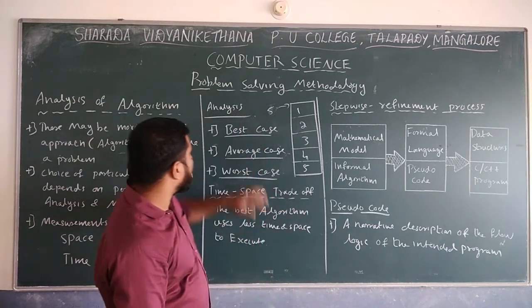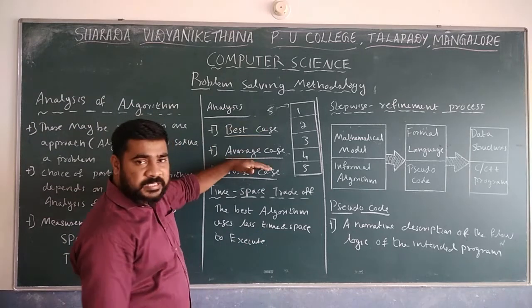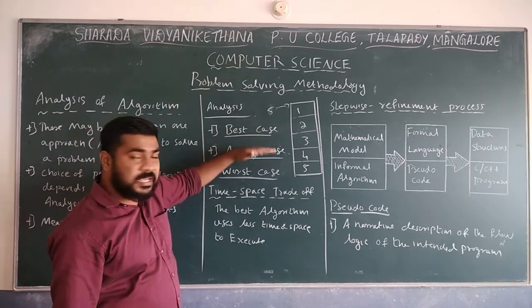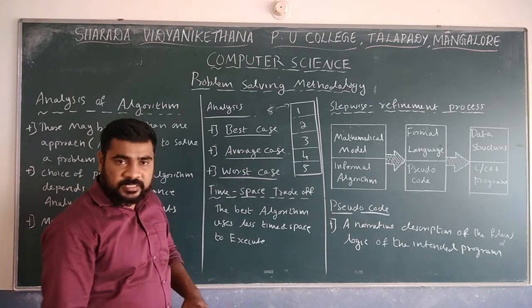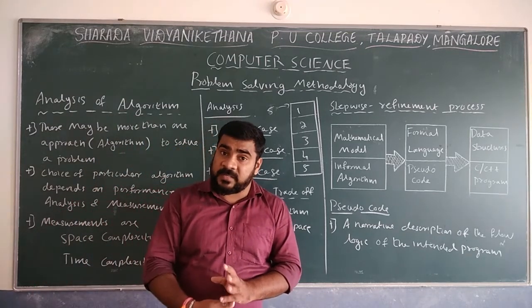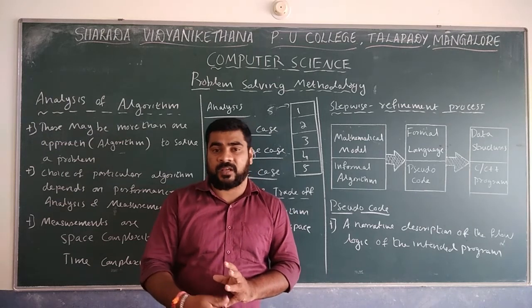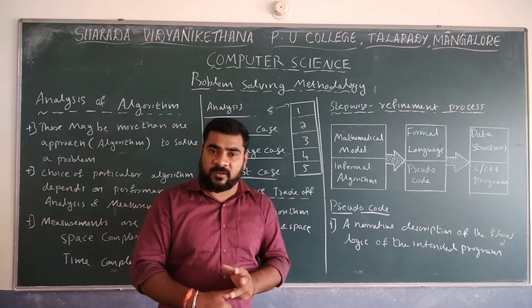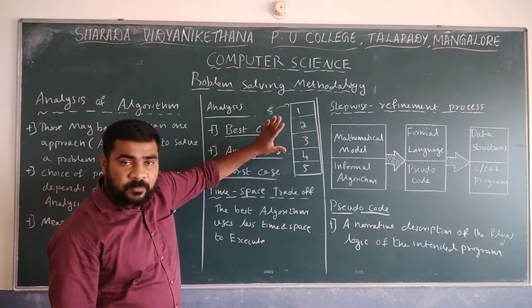In analysis, there are 3 cases to get output: best case, average case and worst case. Best case means fewer comparisons and worst case means the maximum number of comparisons. Here, 5 comparisons are possible.